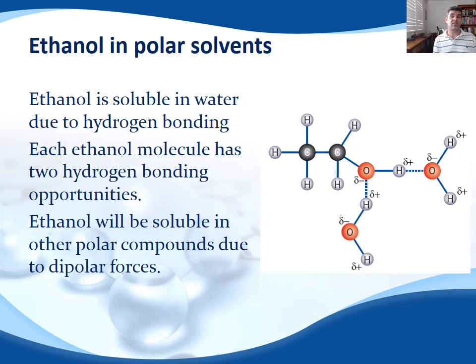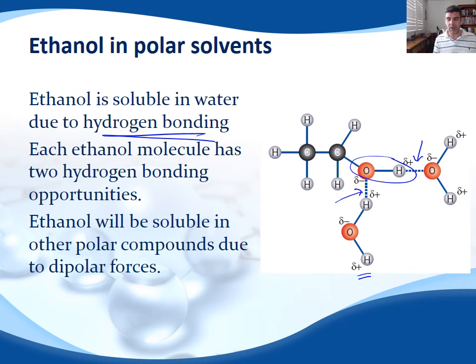Now, when ethanol is dissolved in polar substances, you get this interaction with the hydrogen bonding. So you get a link between, here is the OH bond, and we have hydrogen bonding occurring here and here with our simplest substance that demonstrates this property, which of course is water. And therefore we know that ethanol is soluble in water.